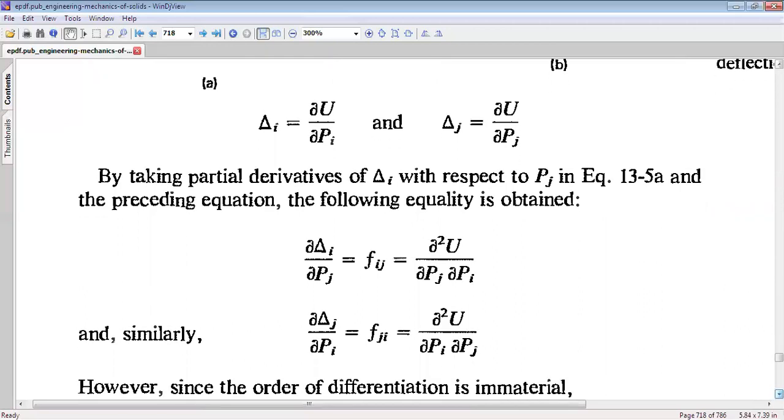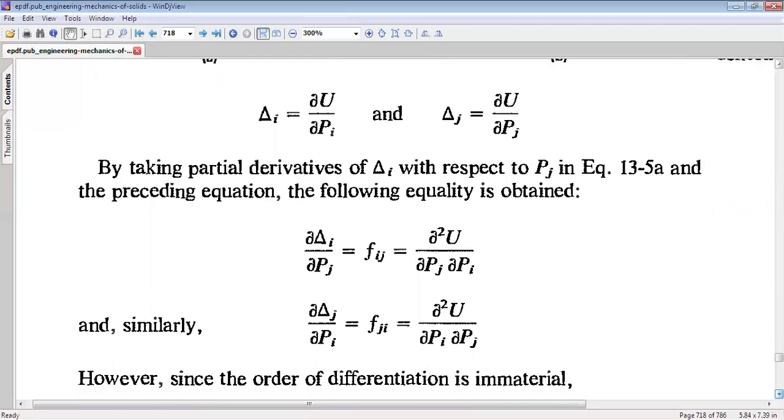Also, if we take the derivative of Δ_I with respect to Pj, we can write Fij, and that becomes ∂²U/∂Pi∂Pj.